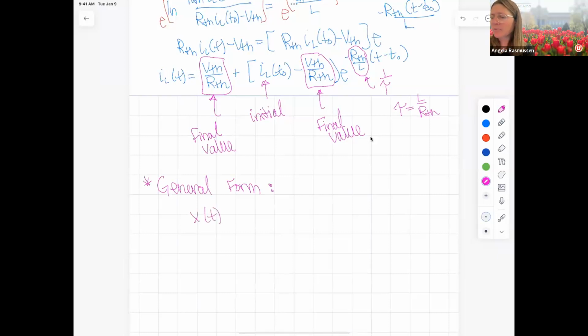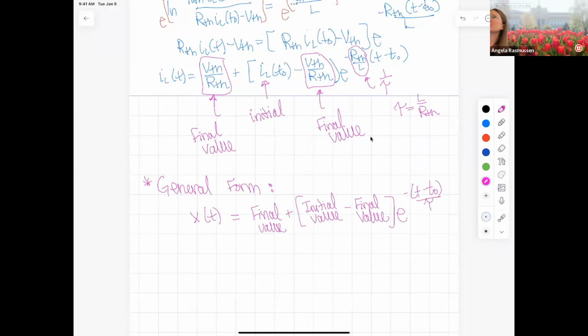You have some variable X, it can be the voltage, it can be the current. And it's going to have the final value plus the initial value minus the final value multiplied by E raised to the minus T over tau.